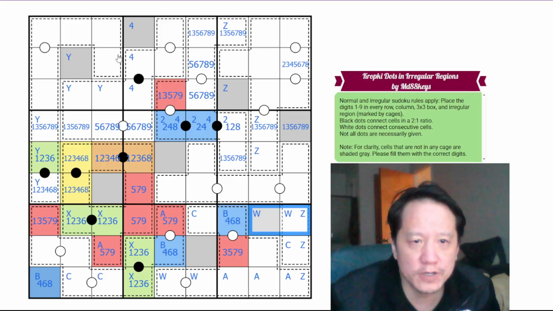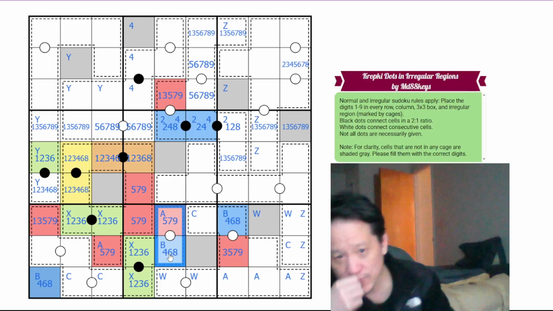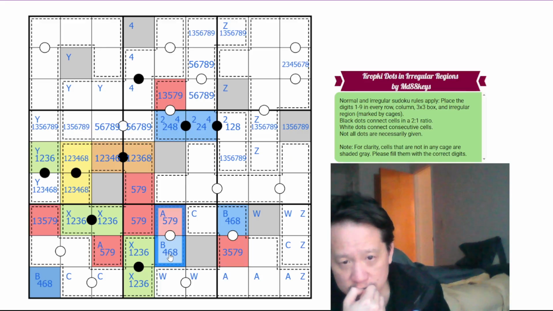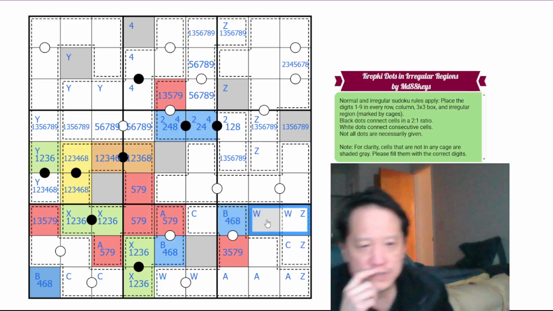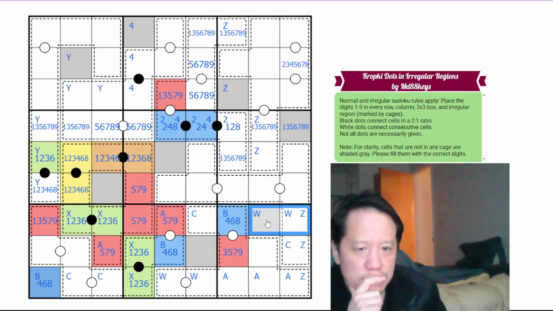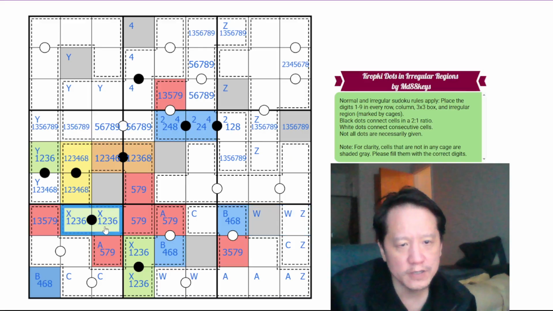So we have one odd, one even here. One odd, one even here. One odd, one even here. That doesn't tell us anything. So these are consecutive. That's interesting. We have one odd and even here. These three are odd.